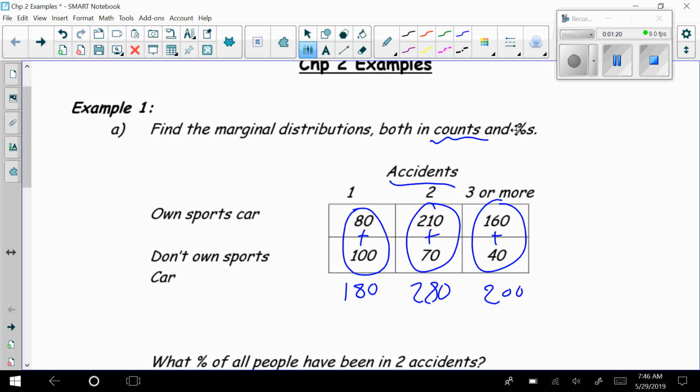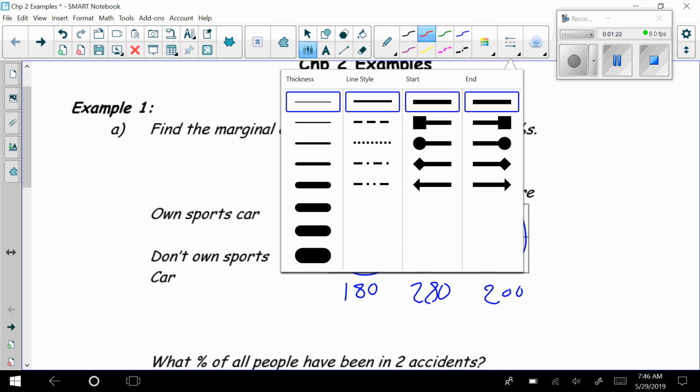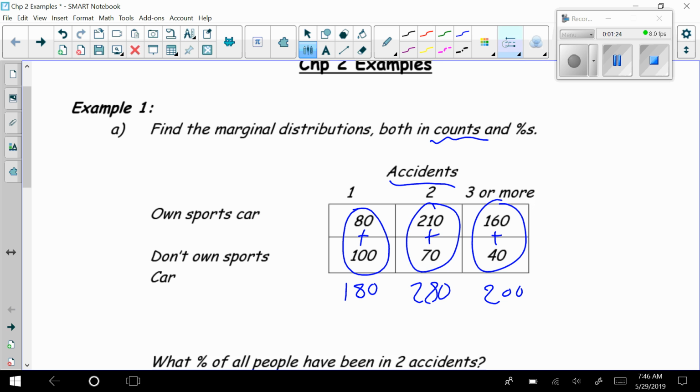Now, it does say that we want these as percentages as well. So if I want it as a percent, I need the total of the whole thing. If I add all these up, I should have the total of the table, and I think that is 660. To get the percentages, I'm just taking 180 divided by 660. That comes out to be 27%. Then I am just going down the line and doing the same thing.